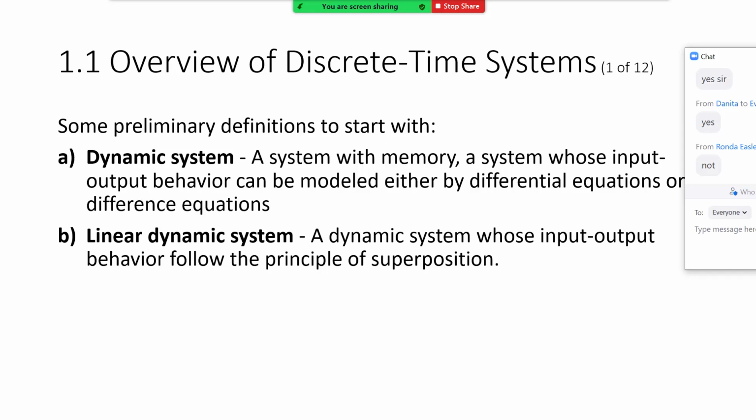Now, out of all these dynamic systems, there are systems that are linear, and the systems that are linear are the systems that obey superposition.